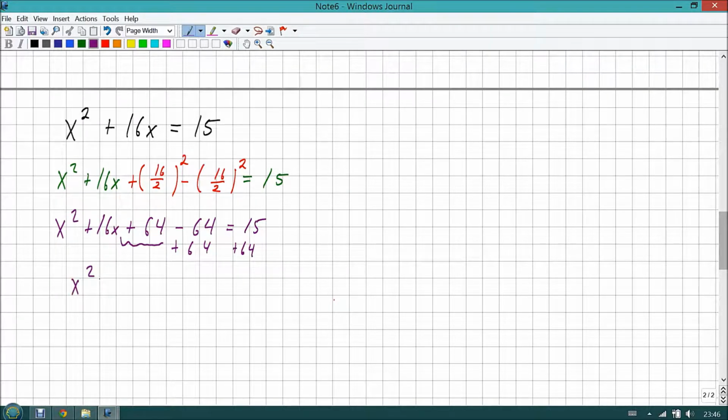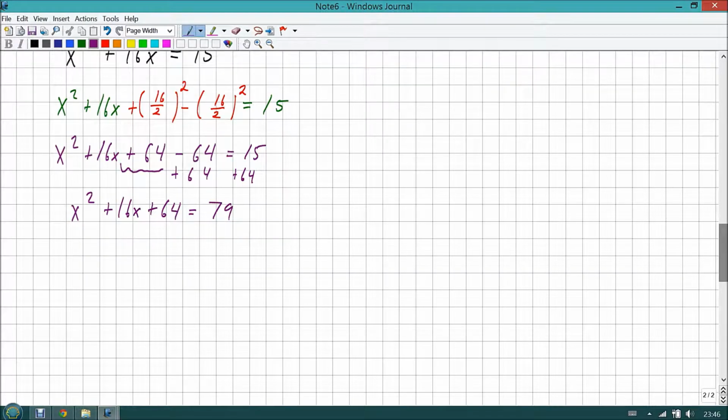That gives me x squared plus 16x plus 64 is now equal to 79. At this point, we can factor this. These will always factor into the square root of this one and the square root of this one. So we're looking at x and then 8, and because positive is dominant, it's going to be x plus 8 squared.